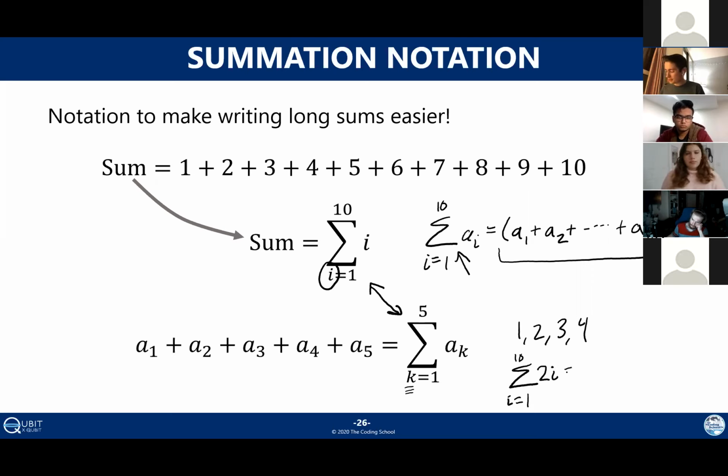If we expand this out, when i equals 1 we have 2 times 1, which is 2. When i equals 2 we have 2 times 2, which is 4. When i equals 3 we have 2 times 3, which is 6, and so on. This is how you achieve that effect with the summation notation.